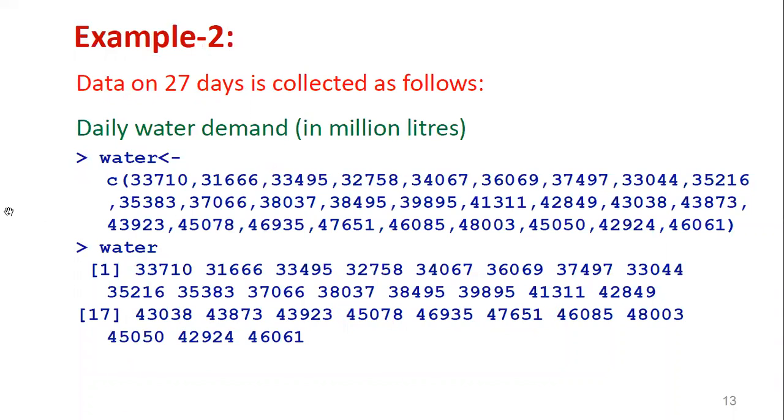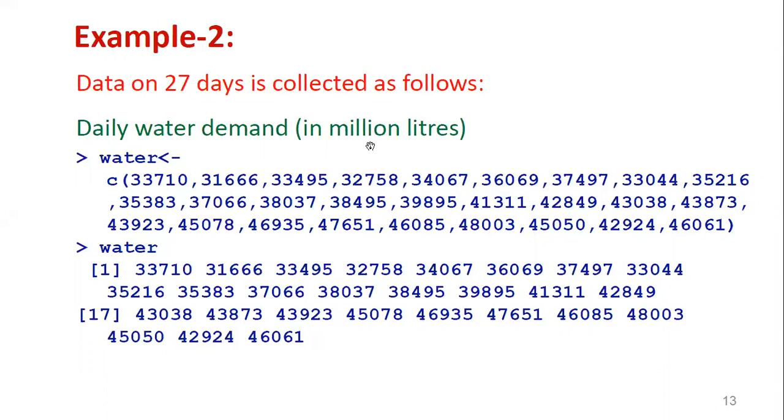Then take another example. In our last lecture, we demonstrated daily water along with temperature. So with our own data also, we can find the correlation coefficients. Data on 27 days is collected as follows. In our previous lecture, we used the same data.